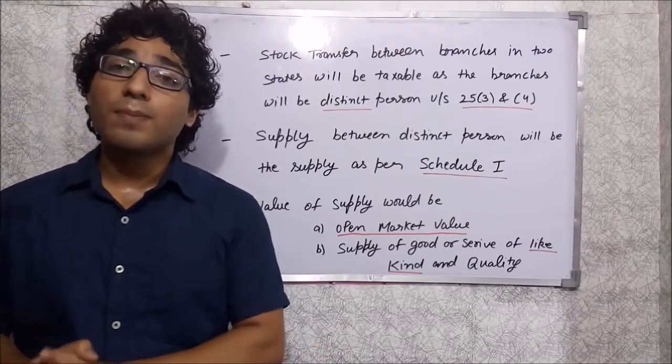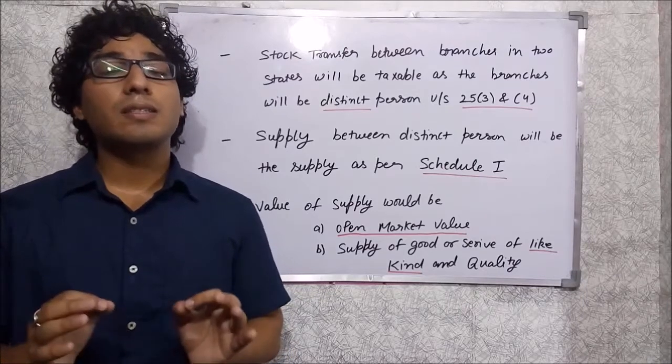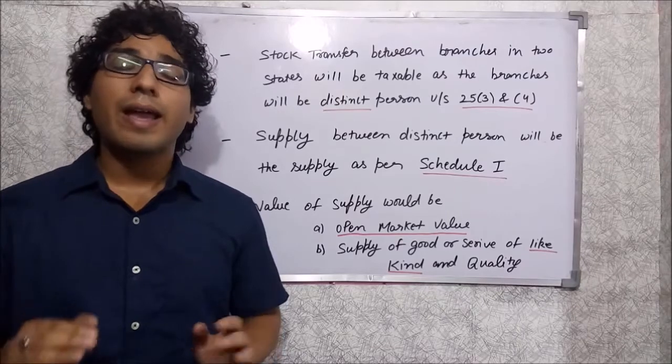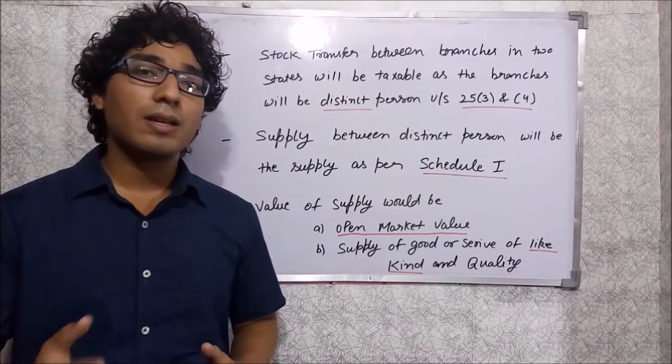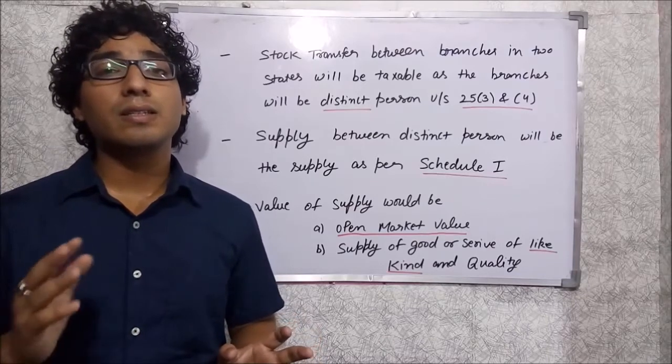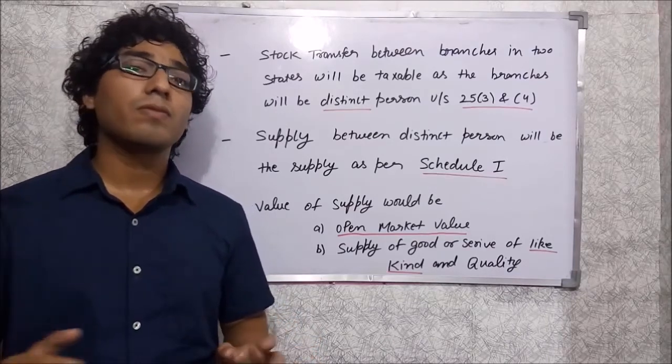So if there is a supply of goods or services between distinct persons and it is in the course of business, then that will be a supply of goods or services under GST, even if it is made without consideration.